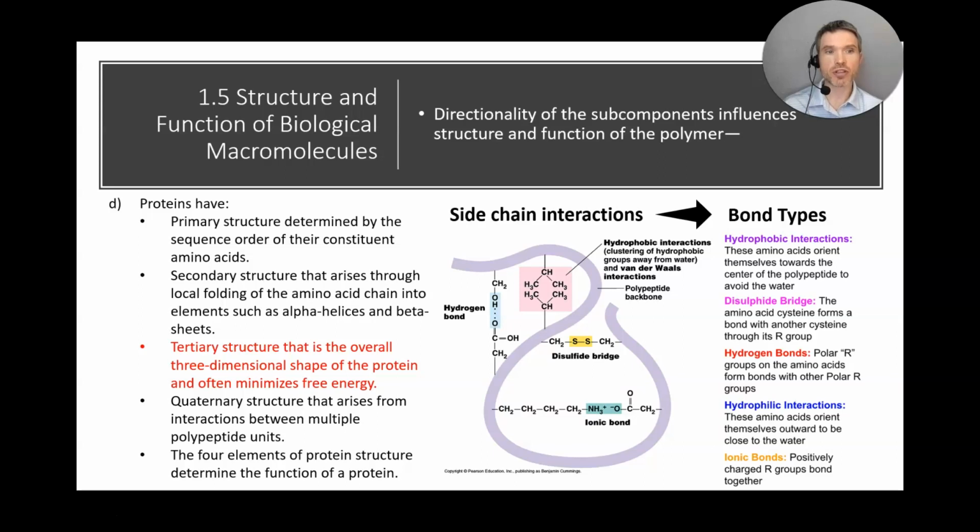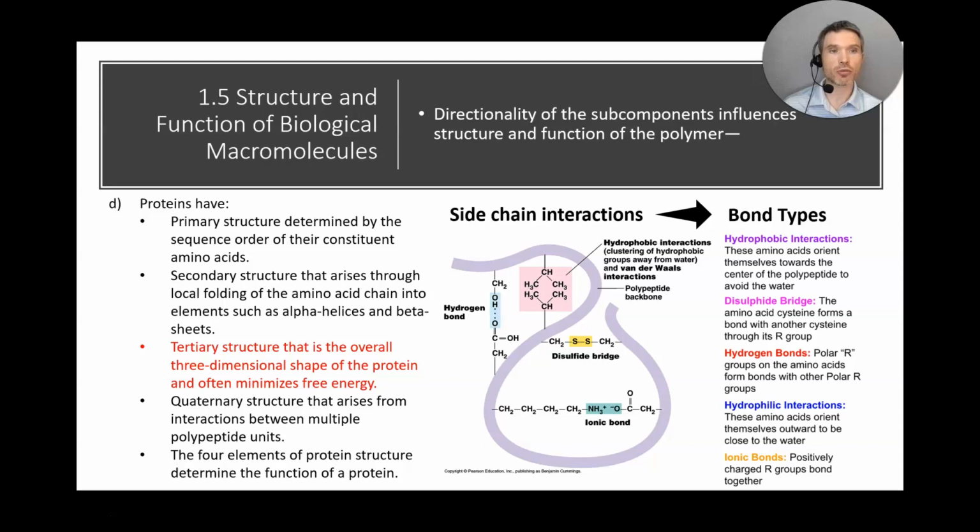There are several different types of bonds that occur during the tertiary structure. These include hydrophobic. Remember, hydrophobic is hiding from water. So these types of interactions are going to cluster towards the inside of the protein. Other ones include disulfide bridges. Sulfur is a unique atom present only in proteins.